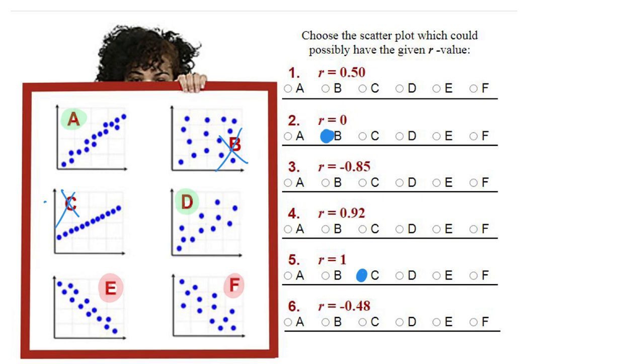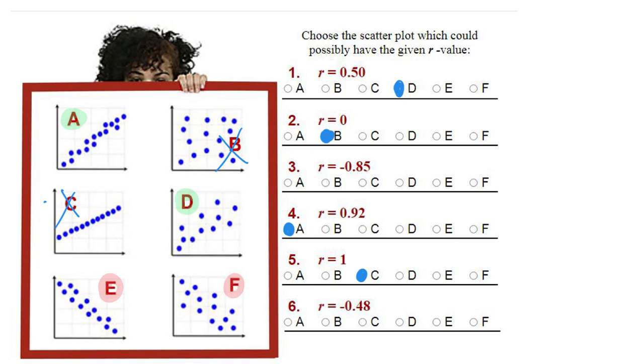So I'm going to match up A and D with those 2 positive correlation coefficients, and E and F with those 2 negative correlation coefficients. Between A and D, A is stronger. Between my 2 positive correlation coefficients, 0.92 is stronger than 0.5. So A is going to match with the 0.92, D is going to match with the 0.50.